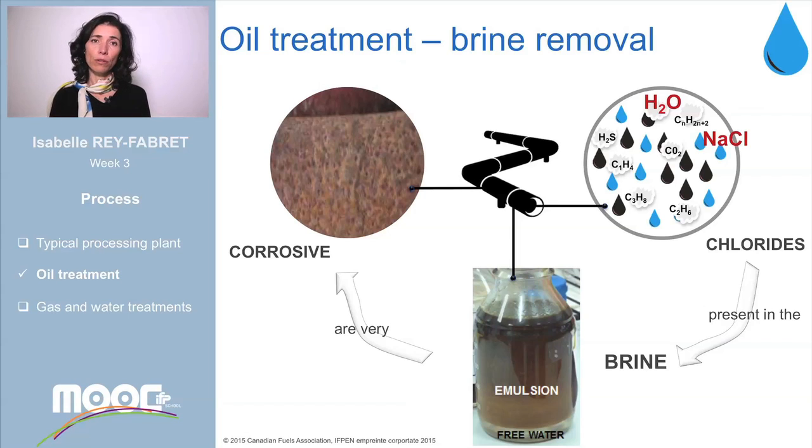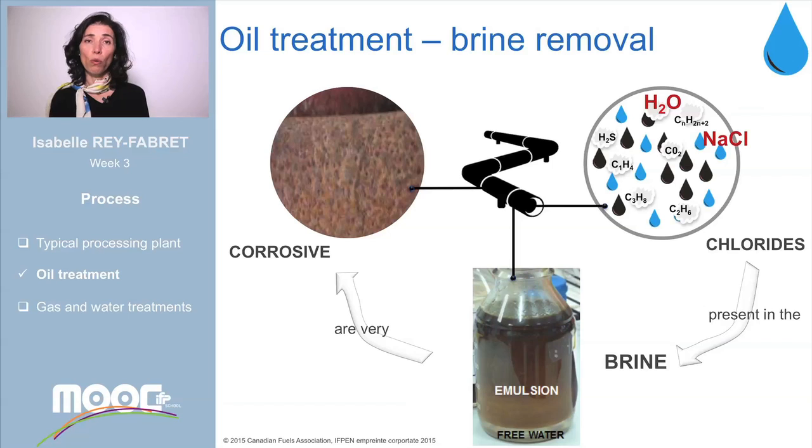Most often, water or brine, salt water, is present in the crude oil as free water and/or as emulsion. Chlorides present in the brine are very corrosive for the steel equipment, such as the flow lines, the pipelines, tanks, and so on. It is the case for hydrogen sulfide and carbon dioxide.